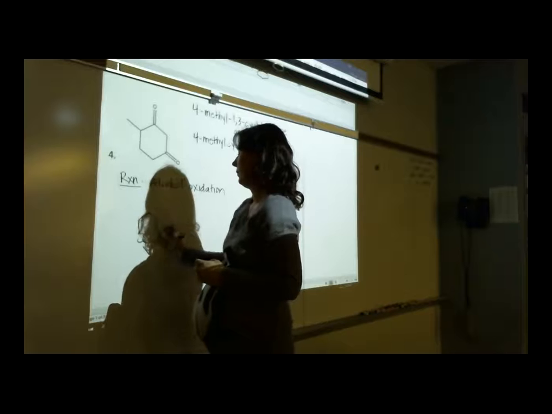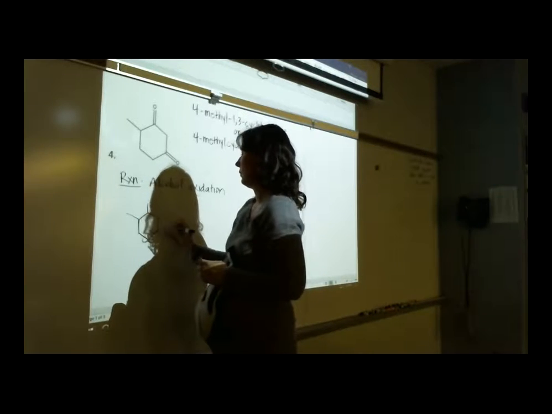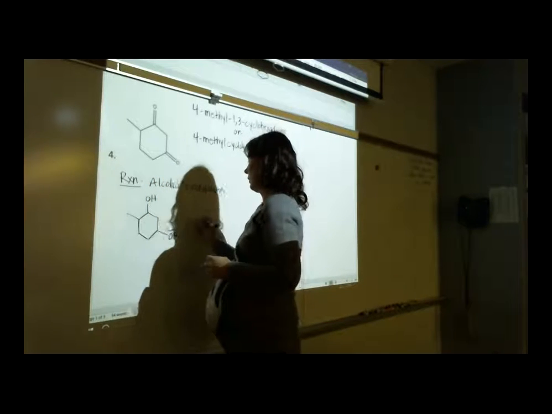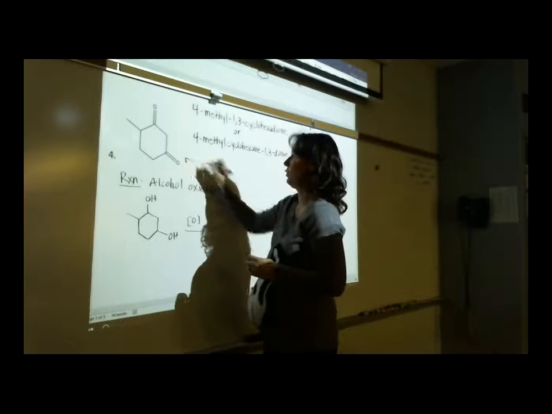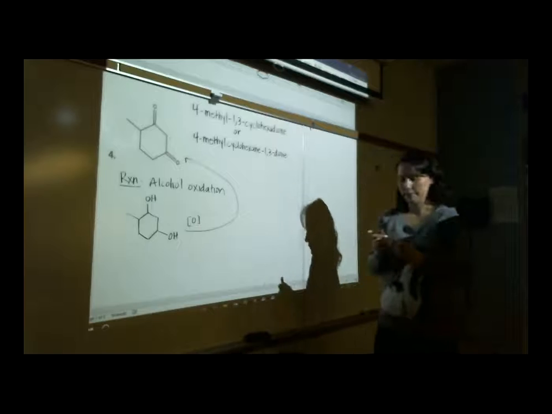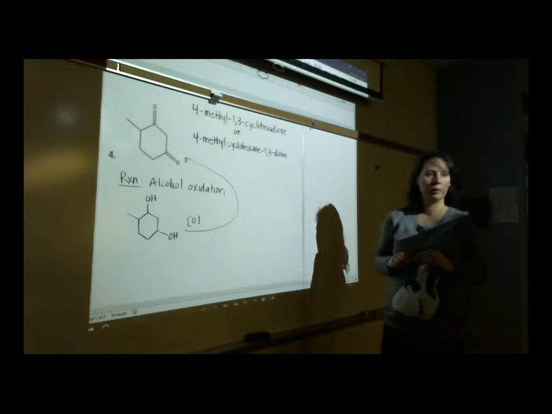You have to still have your methyl, and then you have an alcohol on carbon 1 and 3. Right. And then you can decide what oxidizer you want to use, or just put O in brackets. Good. Feel good about 4?